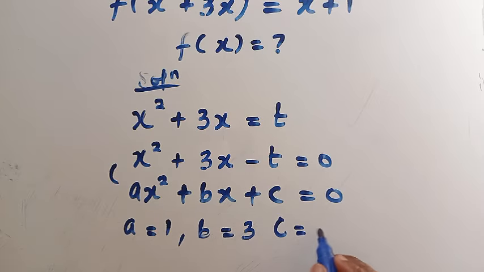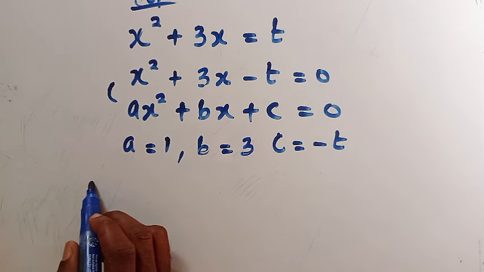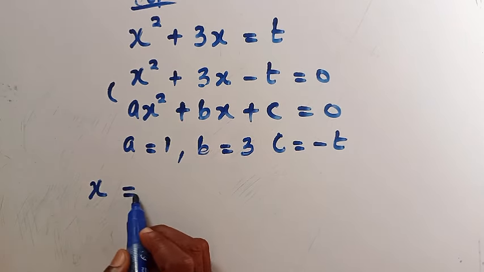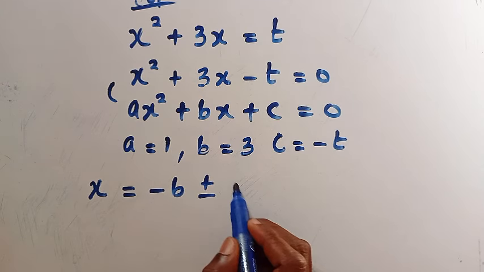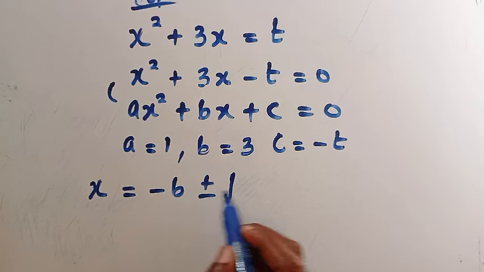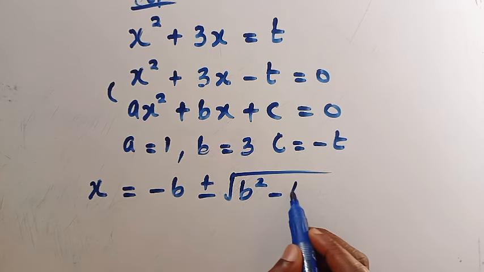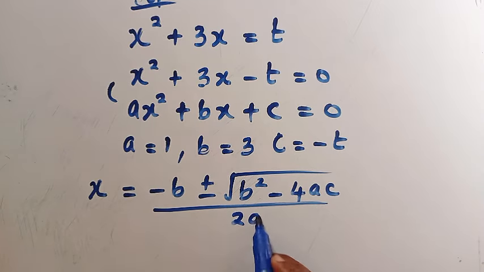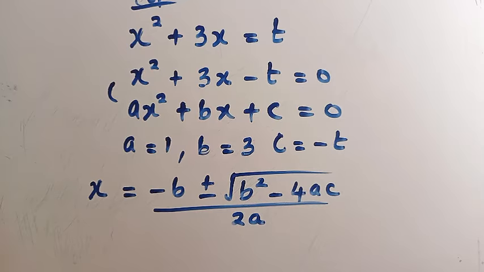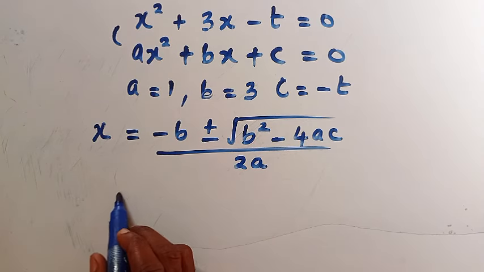Therefore, we have c as minus t. It's a constant everywhere. And applying the quadratic formula, since we need x, we are going to have x equals minus b plus or minus, some can write minus plus, the square root of b squared minus 4ac over 2a. Let's substitute all these parameters into this formula, then we get the value of x.